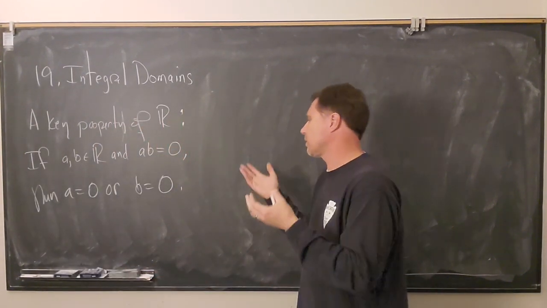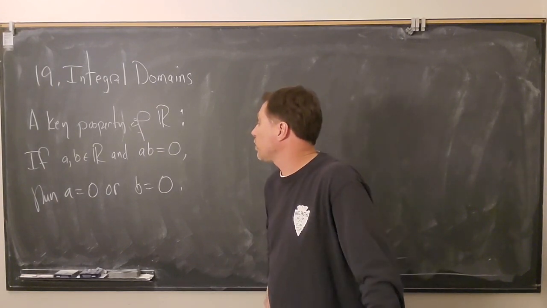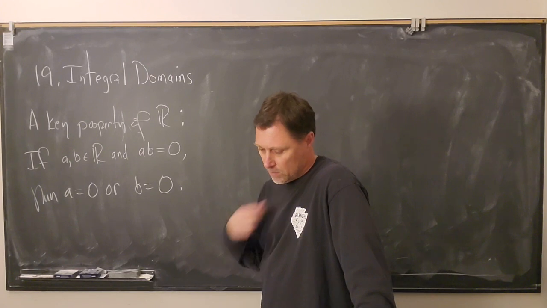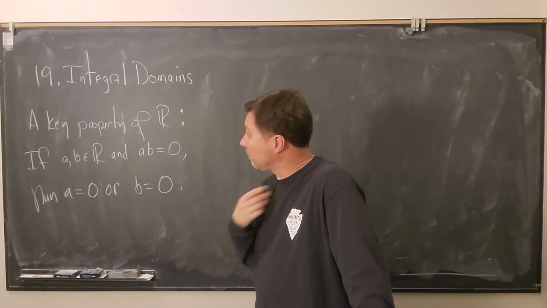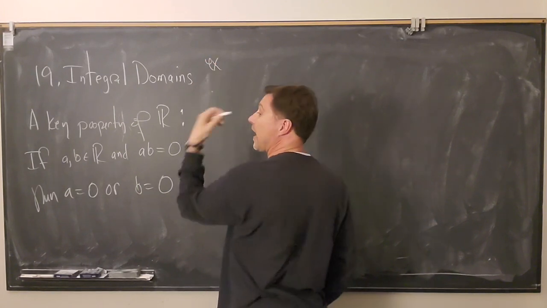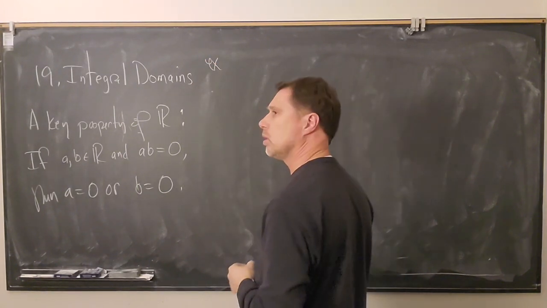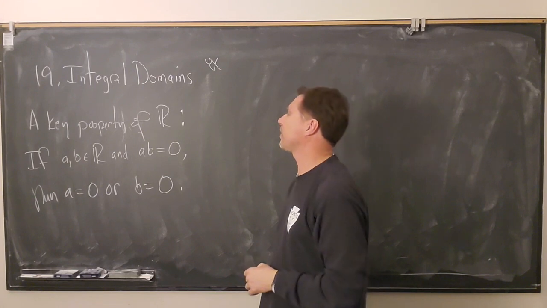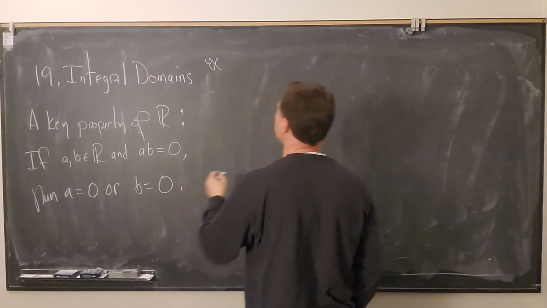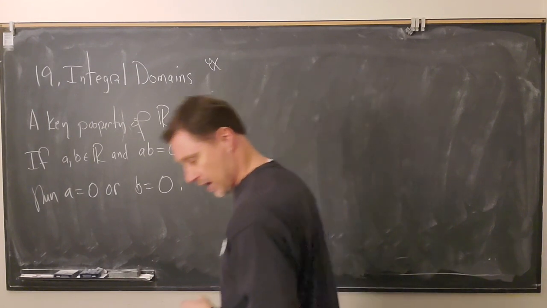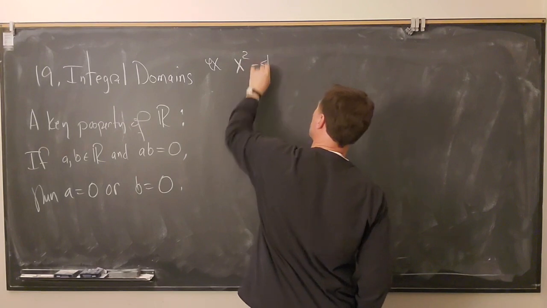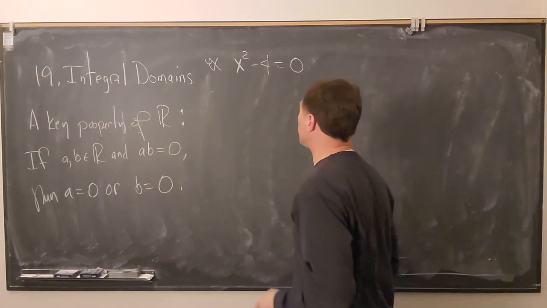That's a typical thing. We do that in our sleep, right? We're used to this property when we're working with numbers. This property is important for a number of different reasons. Here is one. For example, let's say that we have x squared minus 4, the polynomial, equal to 0.